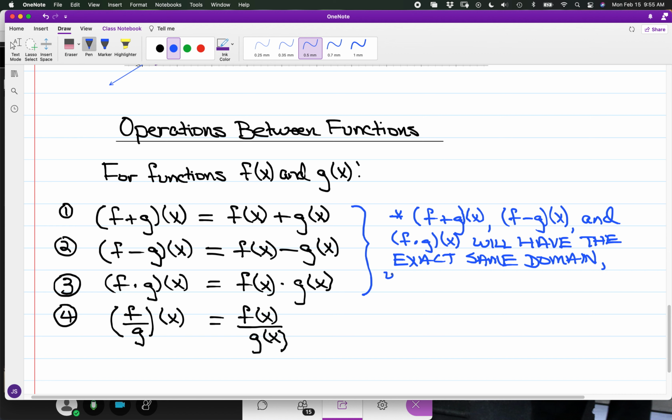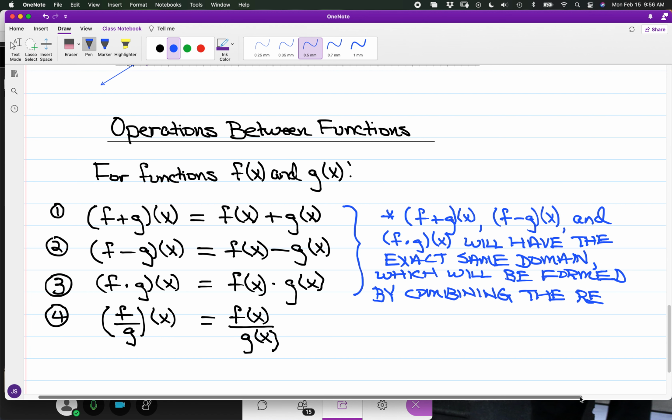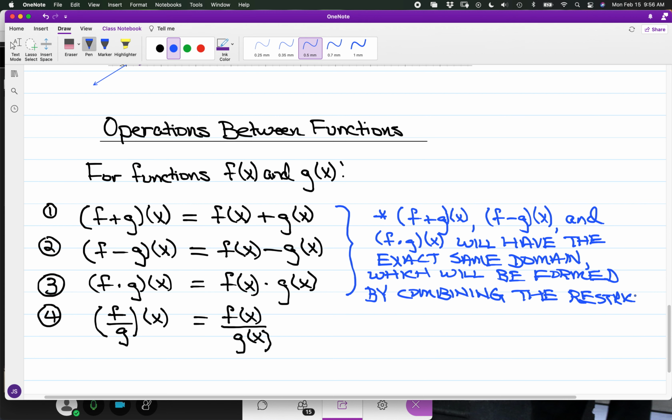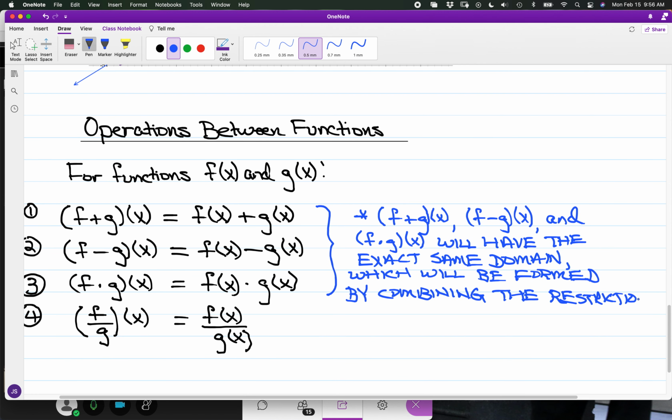And this domain is going to be formed by combining the restrictions, if any, of f of x and g of x.